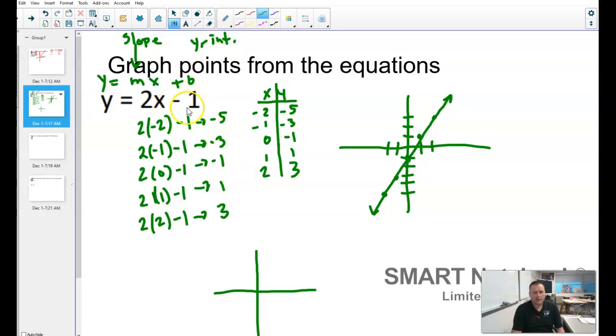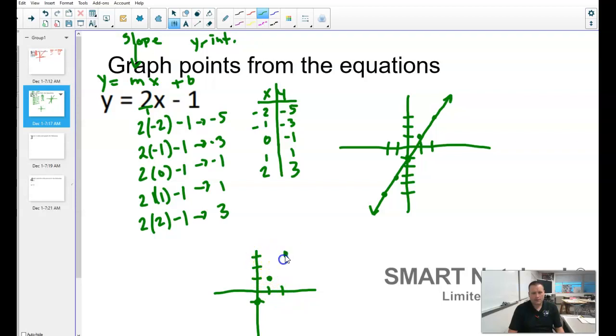So I could have actually just started at -1 down here. I would have known there was a point there. And then my slope, it's rise over run. So this is 2 over 1. So I'd go up 2 over 1, and it'd put me a point right there. And I could keep doing that, up 2 over 1.